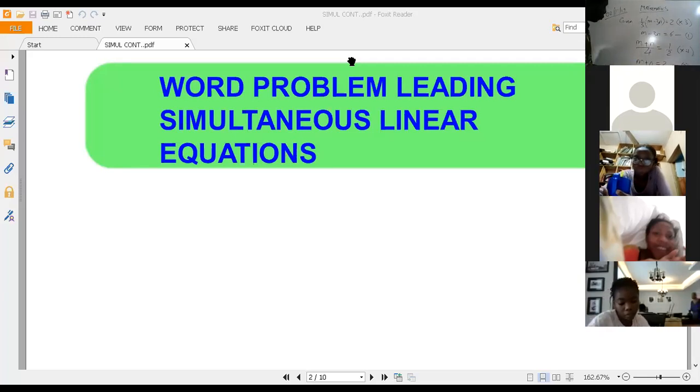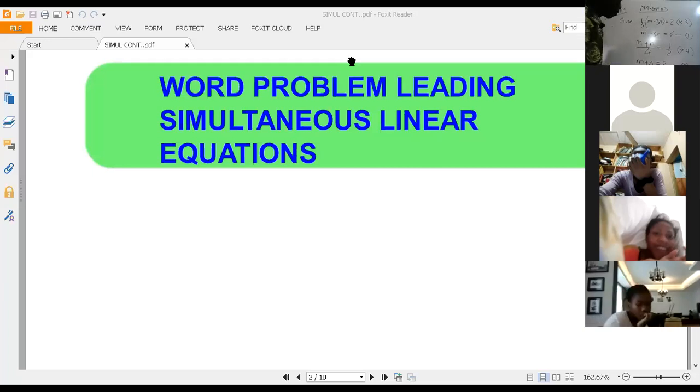All that we need to do is to find the values of the variables m and n in equation 1 as well as equation 2. Now, you have been given tools. What are the tools? You've been taught the substitution method as well as the elimination method. Either way will work, depending on the method you know best.